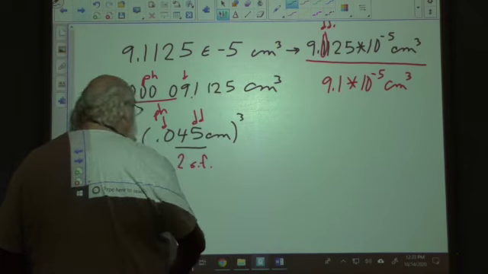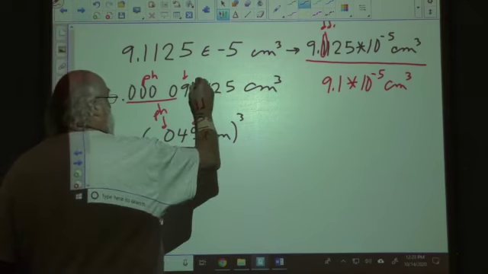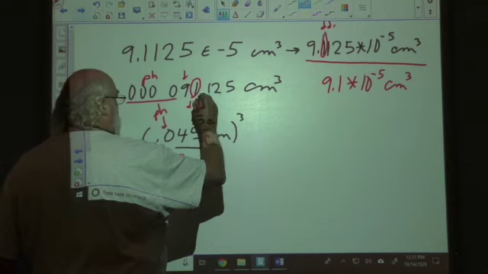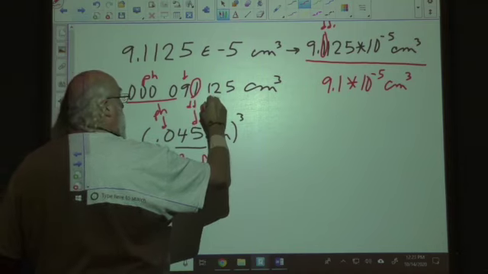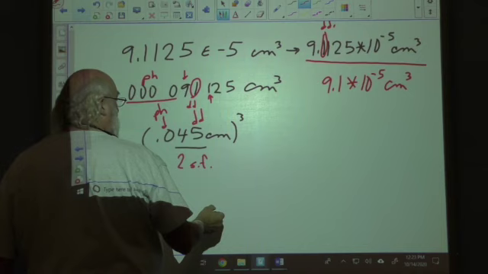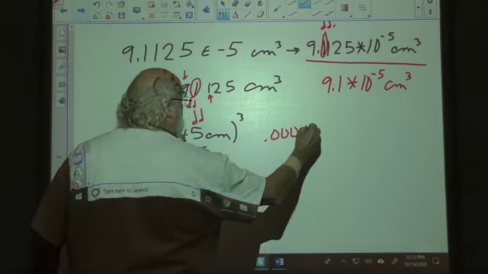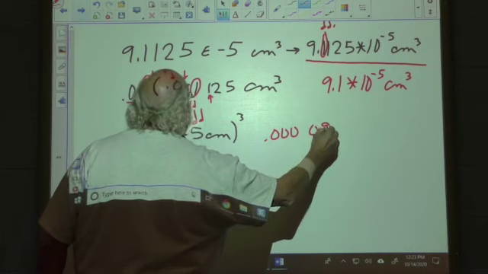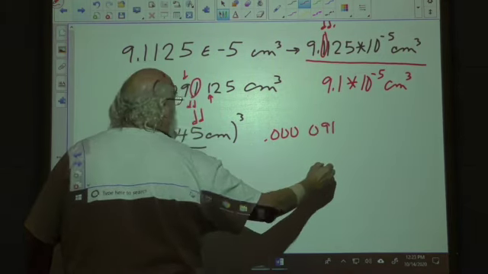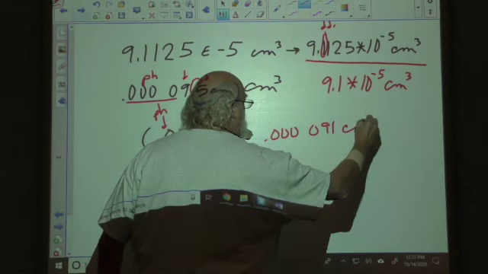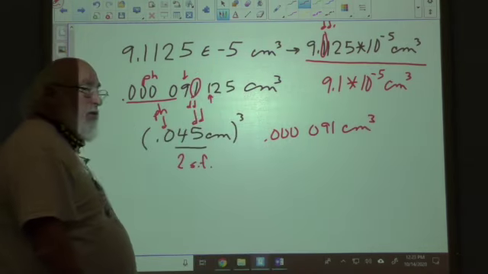Just kidding. Right? So that's going to make that the doubtful digit. The number next to it is a 1. That's going to keep the same. So we could write that as 0.000091 centimeters cubed.